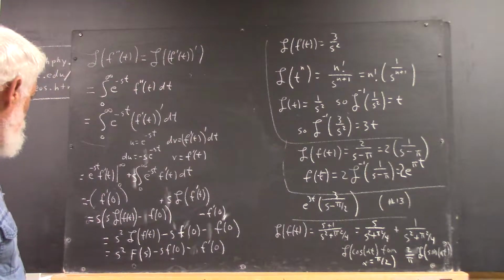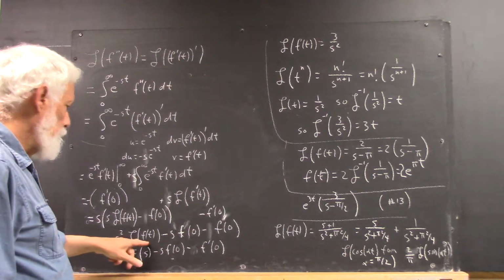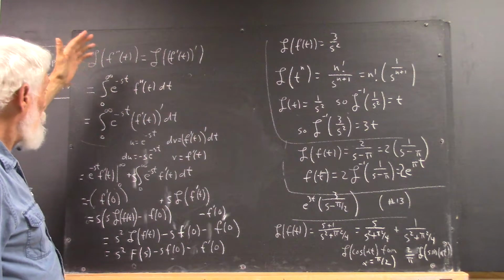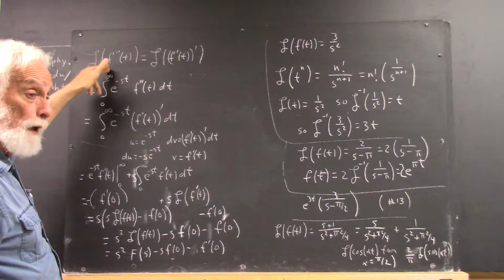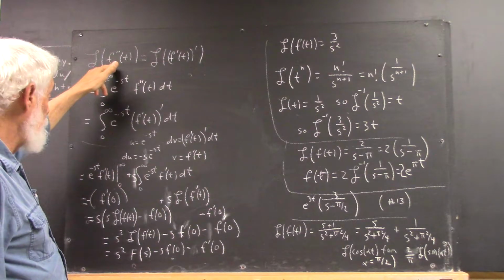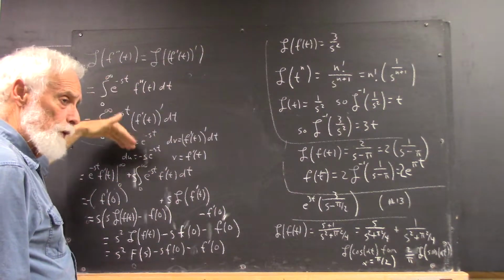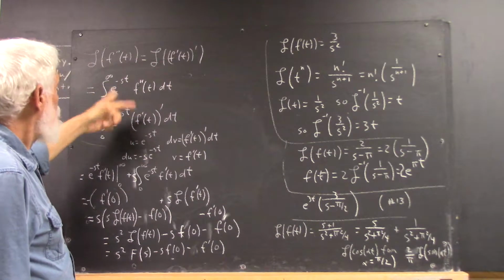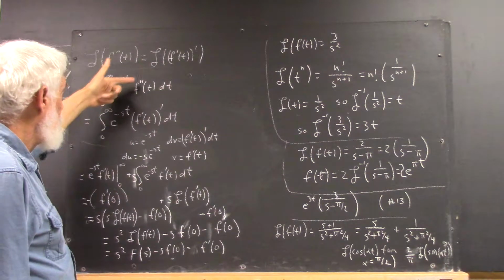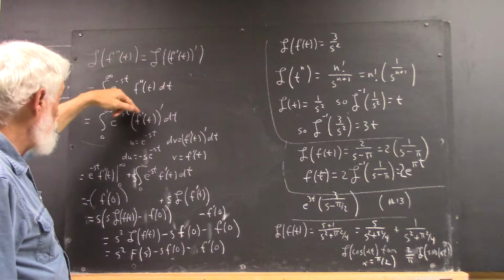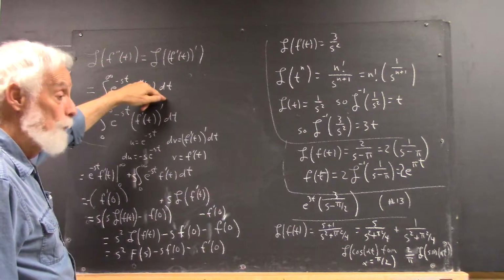Okay, we always have our Laplace transform of f of t, and no matter what Laplace transform we're taking, no matter how many derivatives we're taking, when we do the integration by parts, we're going to get an integral that has one less prime on it, like we did here. If we started with a triple prime, we'd be doing f double prime of t prime.